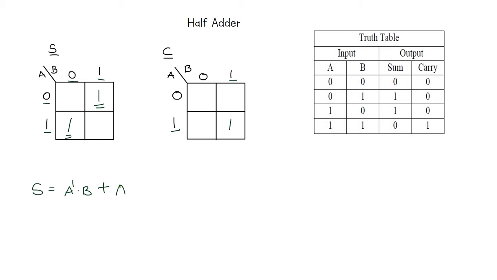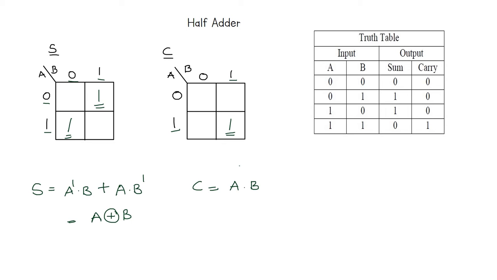That is A and B dash, which is also A XOR B. And for carry, at this position, both the inputs are high, which is A and B. So using these expressions, we can obtain a digital circuit for the half adder.